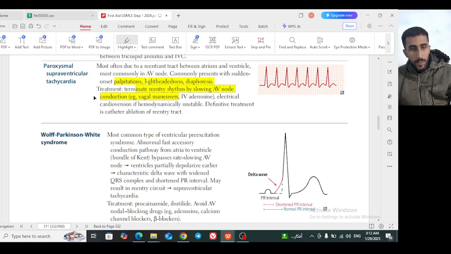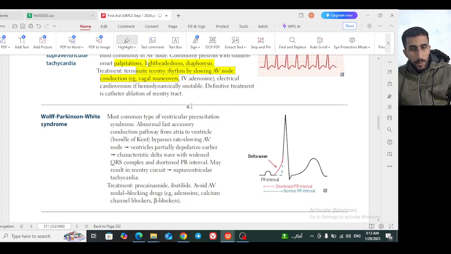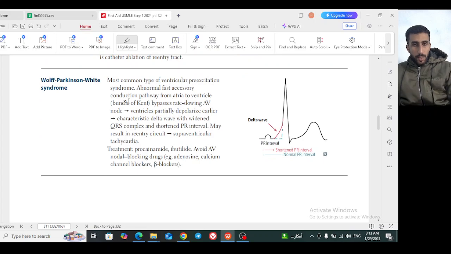Very effective in this condition, and you may give IV adenosine also. And if the patient is hemodynamically unstable, as always, you give electrical cardioversion. And after the acute attack is gone, you will ablate the foci, so catheter ablation of the re-entry tract at the AV node.